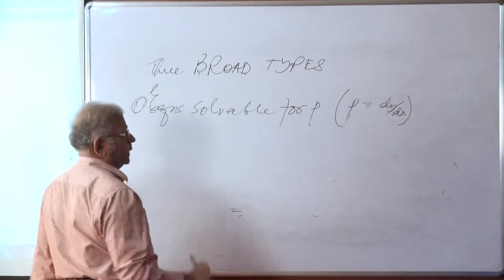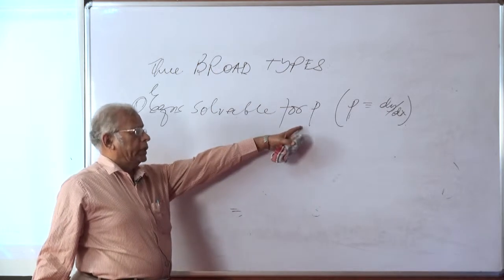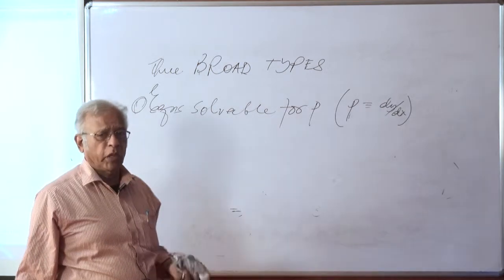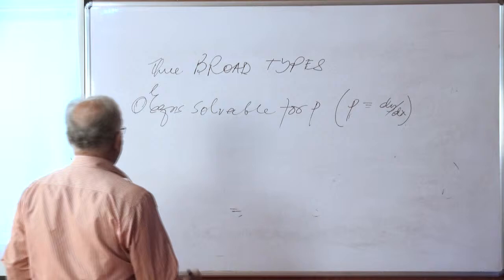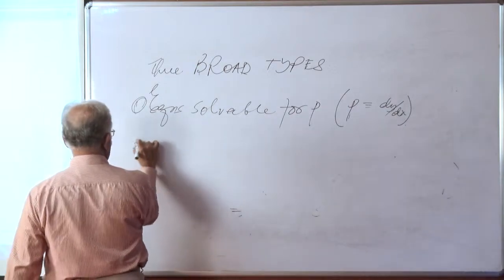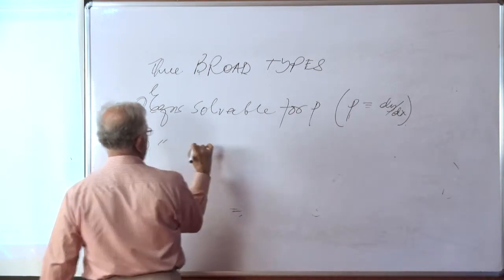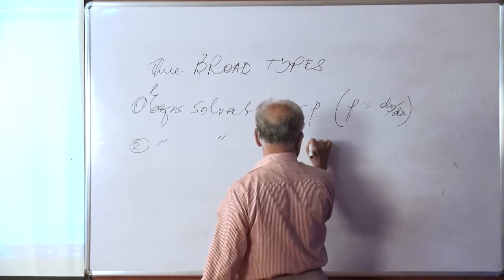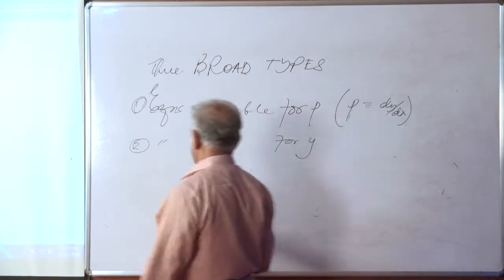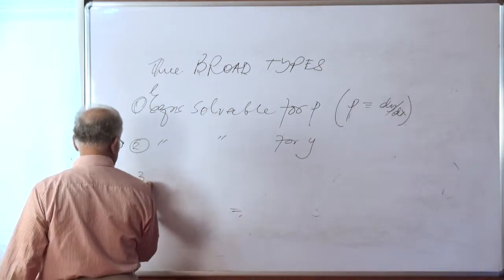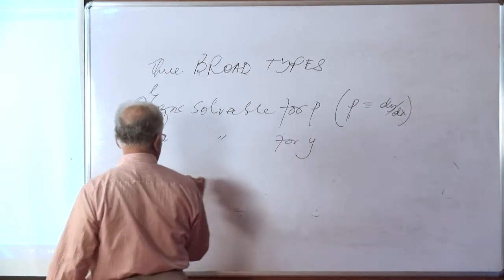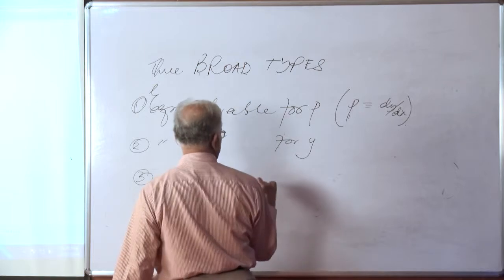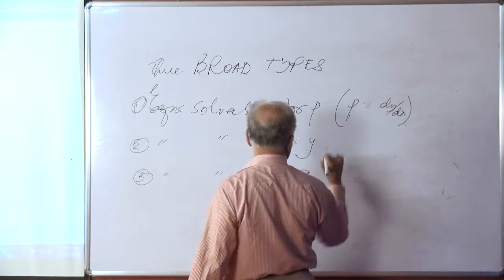Equation solvable for P, that means we get P explicitly in terms of x and y. Secondly, equations solvable for y. And thirdly is equations solvable for x.